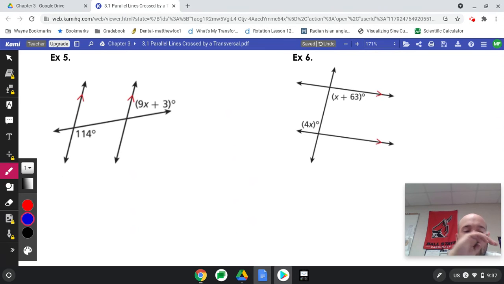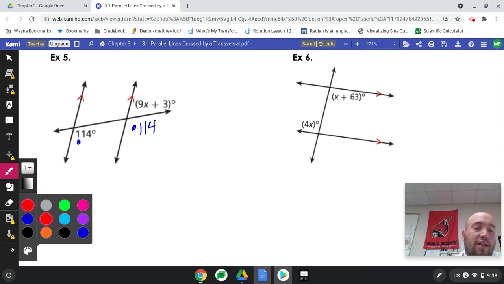Now number 5 might give some of you trouble. There is actually no relationship between the 114 and the 9x plus 3. There's not consecutive. They're not alternate interior. But 114 and this angle right here and here, those are corresponding, which means the blue dots have to be the same. So this is also 114. At this point now, if I put a red dot here and here, those red dots are a linear pair.